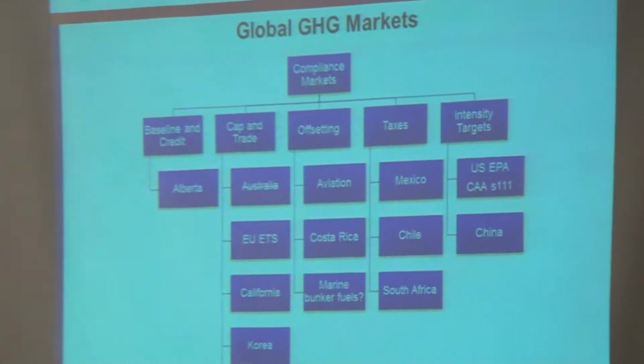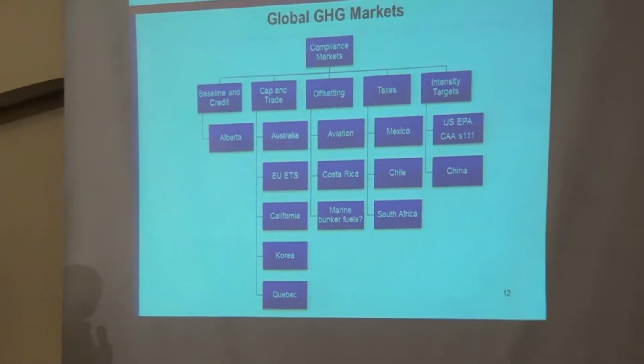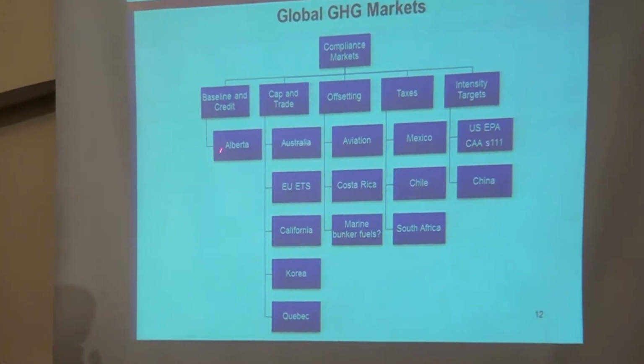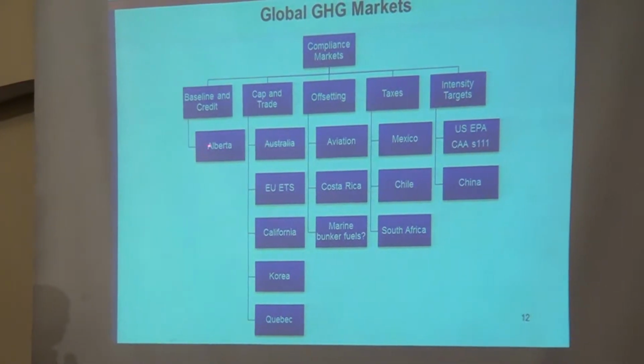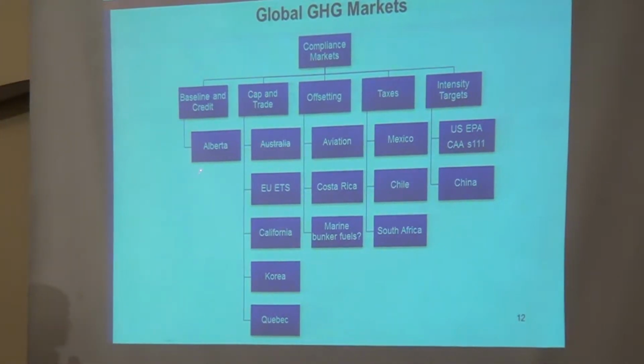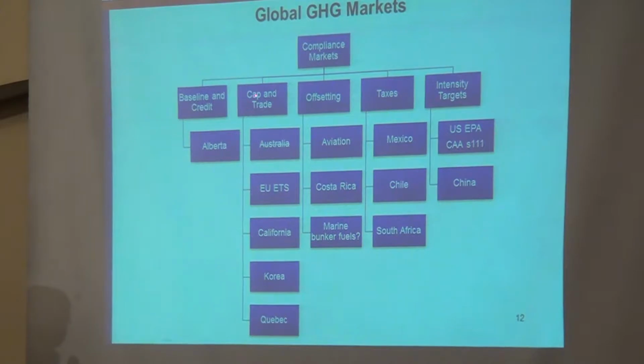So the next thing for us to look at is really global GHG markets. So we have baseline and credit, and the only example I know of that's really operating as a compliance scheme is Alberta. Have cap and trade.